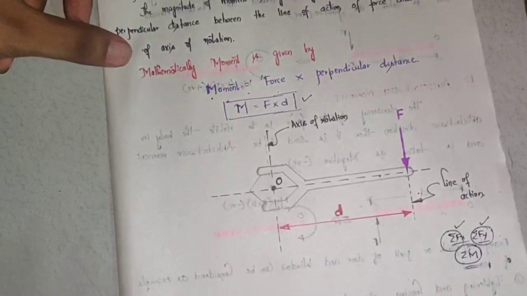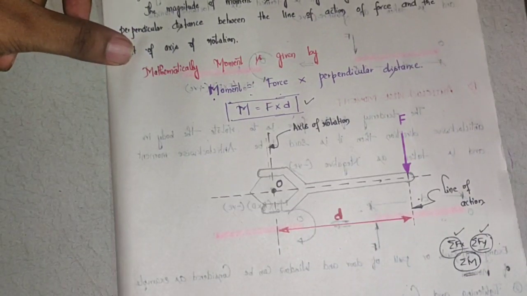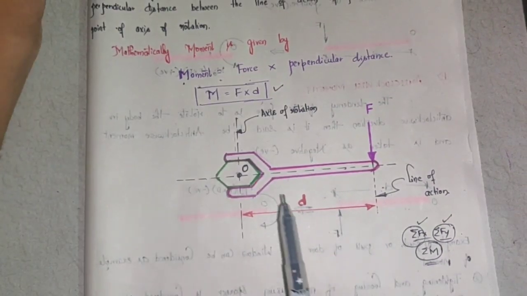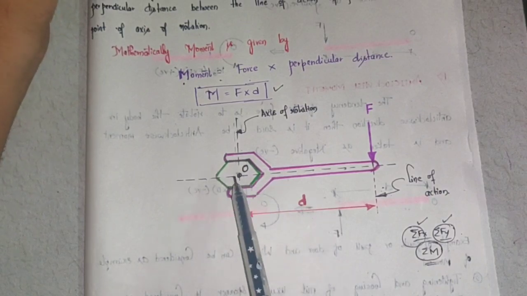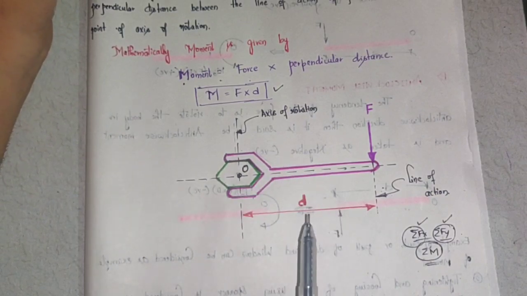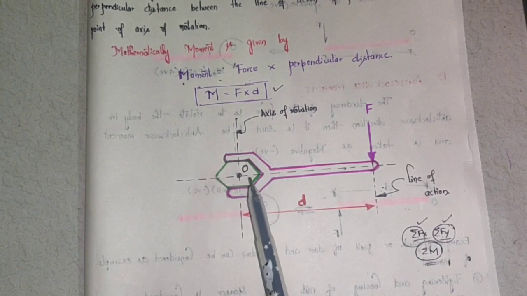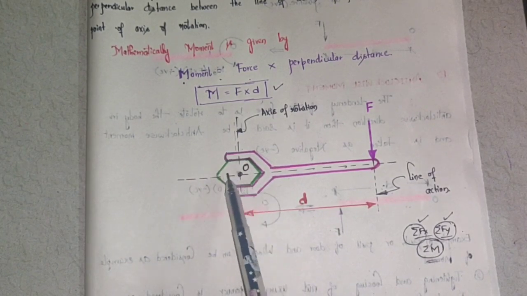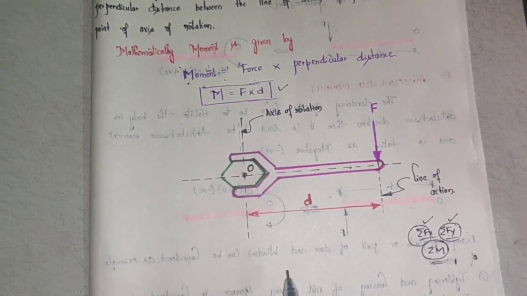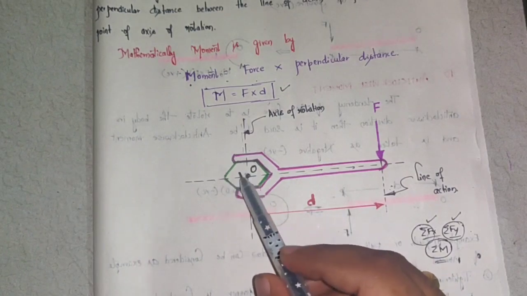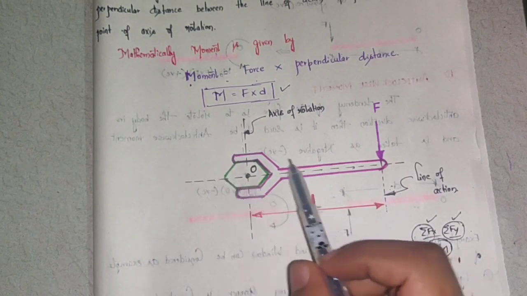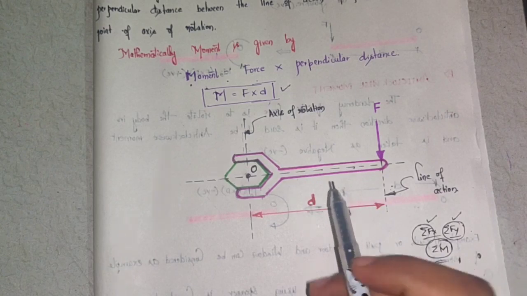Now what you see in front of you is an arrangement of a nut and a spanner. If you look carefully here, the green line that you see is a nut and the pink line is a spanner.